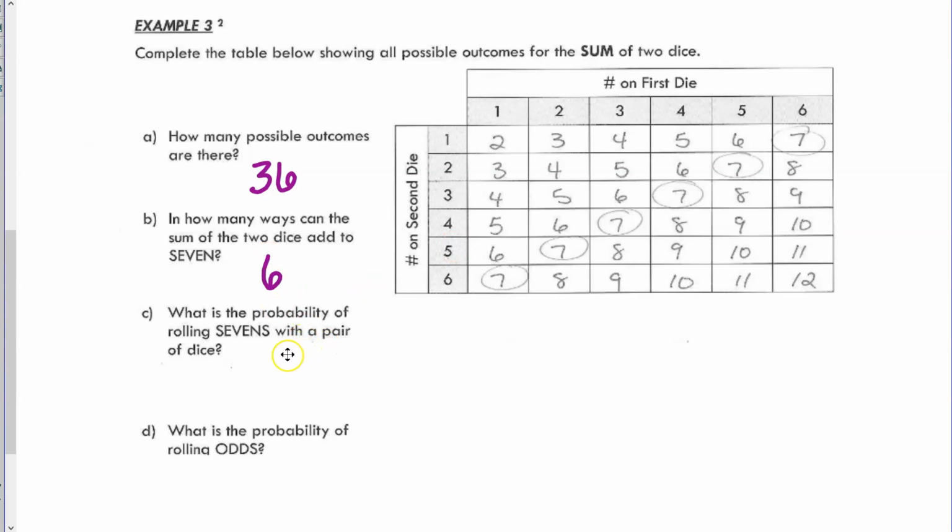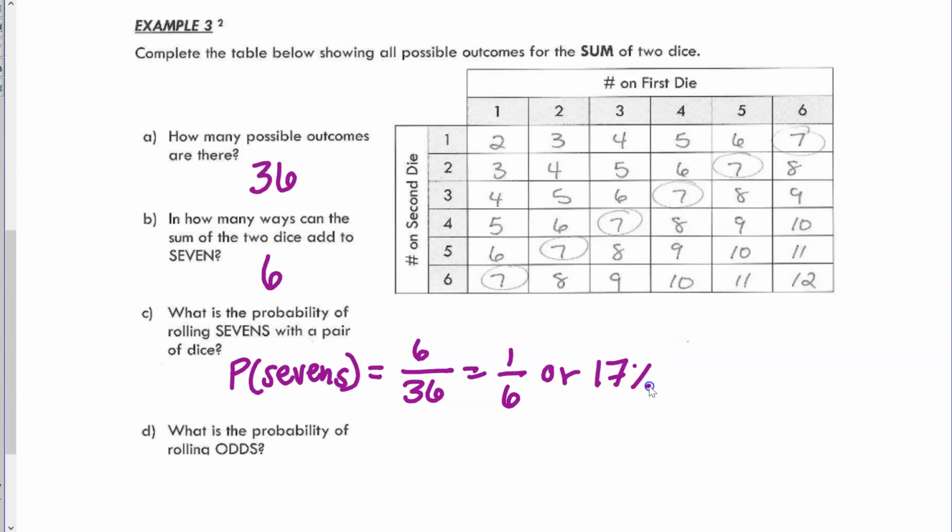What is the probability of rolling 7s with a pair of dice? The probability of 7s is equal to the total number of times you could possibly get 7, which was 6, over the total number of sums, 36. This is the same as before, actually, right? So 1 over 6, or 17%.